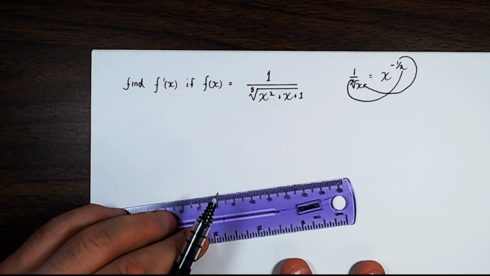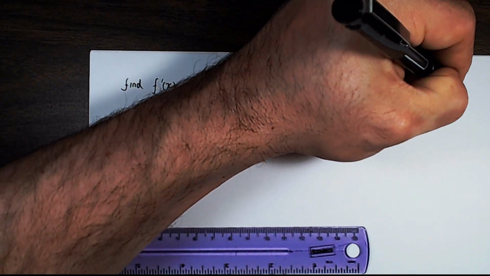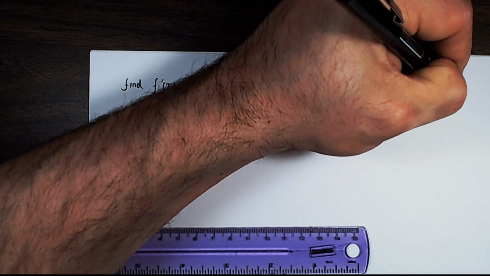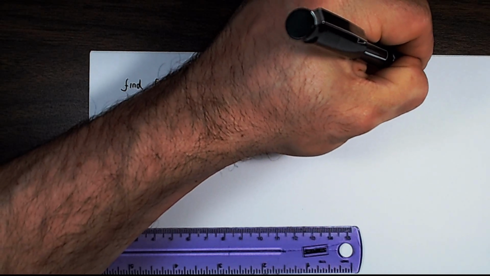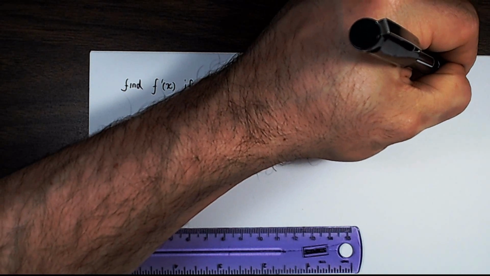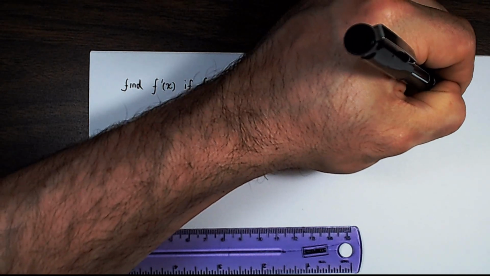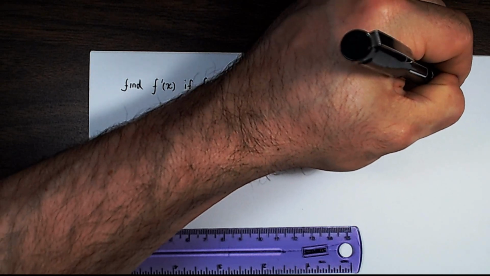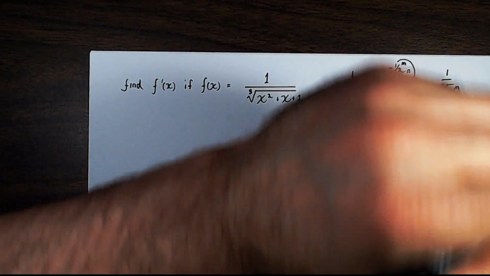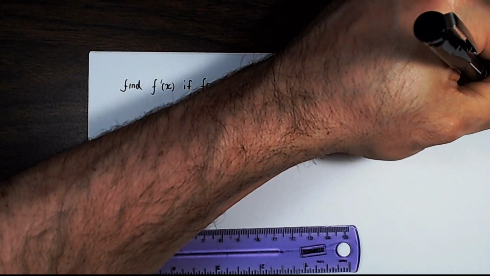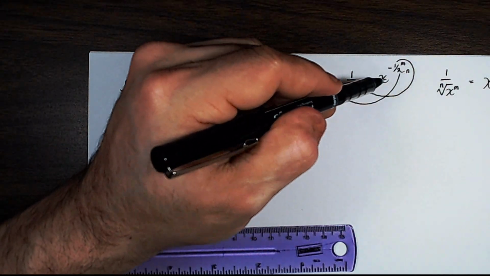We can generalize this formula: if I have 1 over the nth root of x to the m, that is equal to x raised to the negative m over n.